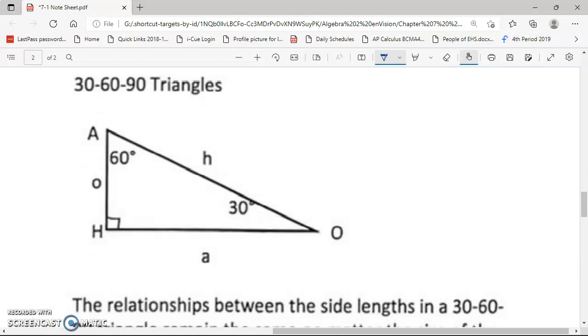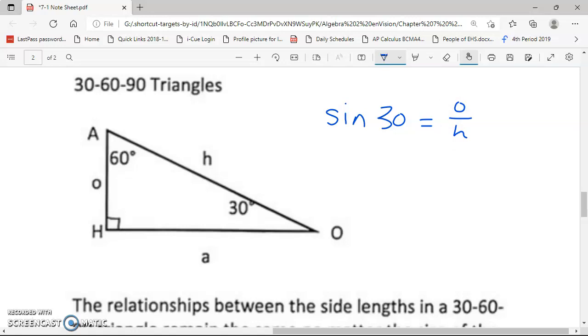So if you have a 30-degree triangle and a 60-degree triangle, the relationship that you have to know for these ones, and this one I'm not going to prove to you right now, is that if you do sine of 30 degrees, and you can do that on a calculator, you would have the opposite over the hypotenuse.